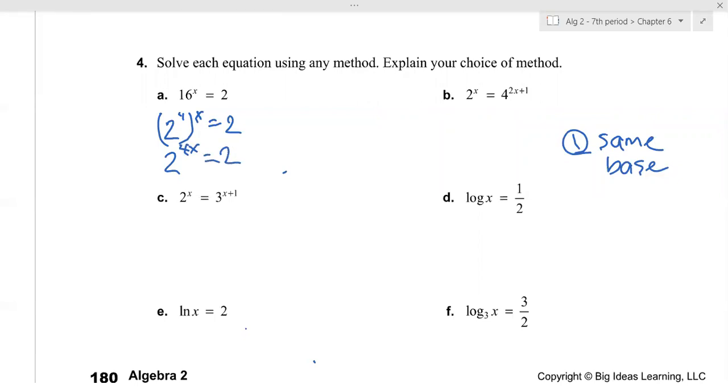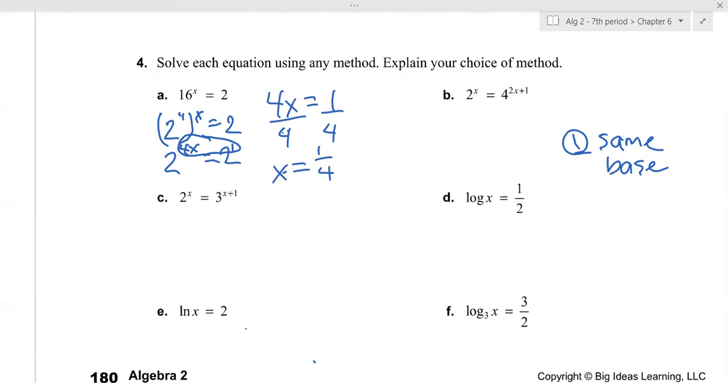Now, once my bases are the same, I really only have to take the exponents and set those equal. This one's like a 1, so it would be 4x equals 1. Once my bases match, I can drop the bases. So that's the whole point. And then I'll divide by 4 here, and therefore my answer is 1/4.